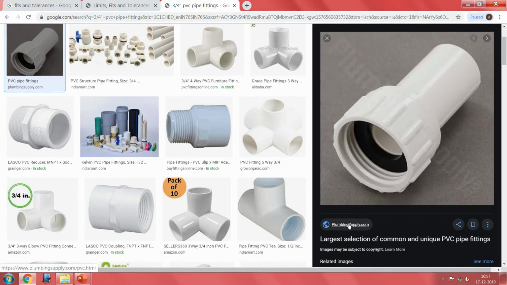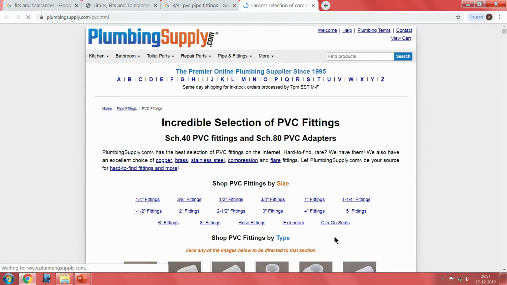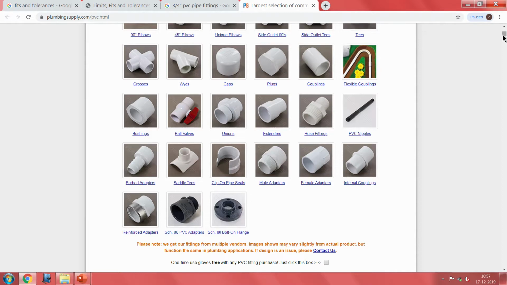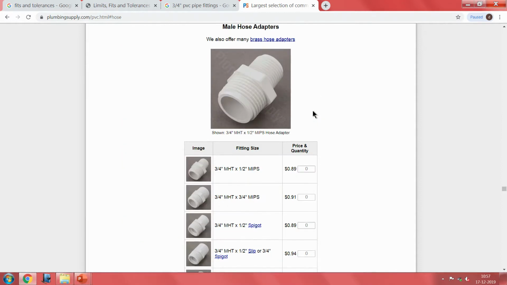These things are supposed to be interchangeable, and if not now, eventually these things have to mate with other things which are also available in the market.